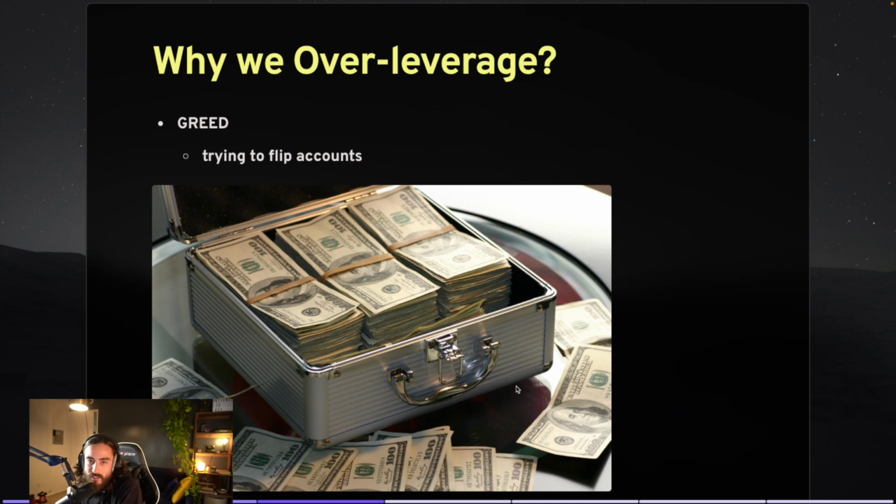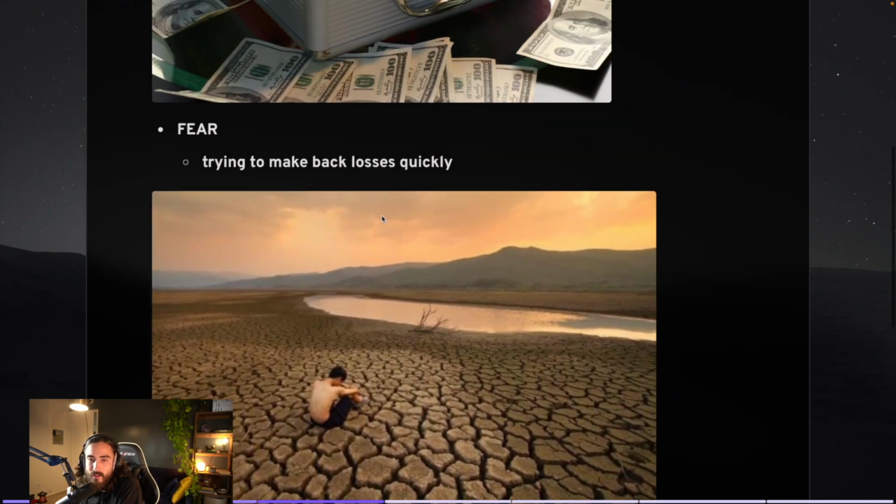Yes, it's definitely possible, but it's not realistic. And fear: I see this a lot of times, people trying to make their money back as quickly as possible, especially when you lose a lot of money quickly. You want to make a lot of money back quickly, which causes you to over leverage. And then the more you over leverage, the quicker you lose more money, and then it's just a vicious cycle.